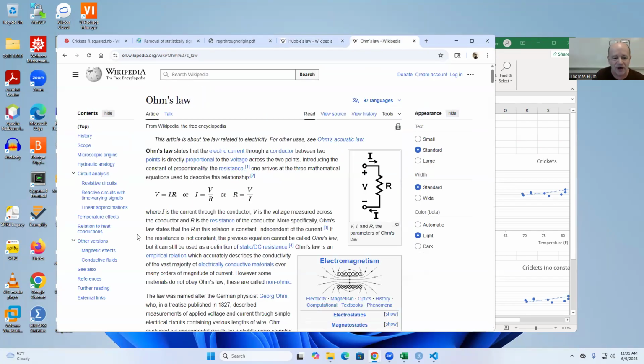Or similarly in Ohm's law, you have voltages and currents, and the simple Ohm's law has no constant, no intercept. So there are reasons where the theory suggests that maybe you don't want a constant.